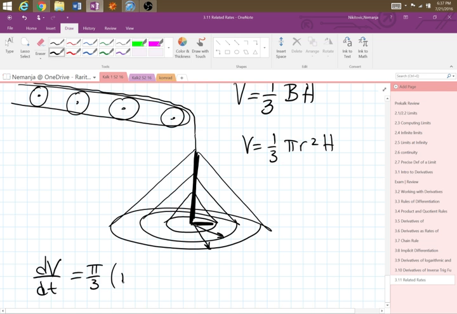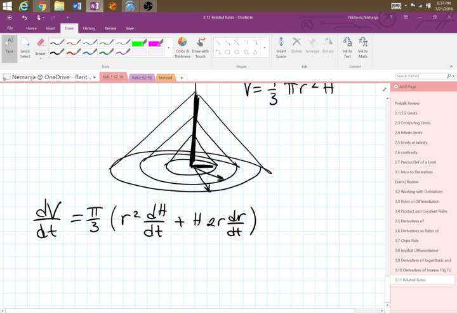Copy the first, which is r squared, times the derivative of the height, which is dh/dt, plus copy the height, and then times the 2r dr/dt, which is the derivative of the first. And then we clean it up a little bit. We have dV/dt is equal to pi over 3 times (r squared dh/dt plus 2rh dr/dt).